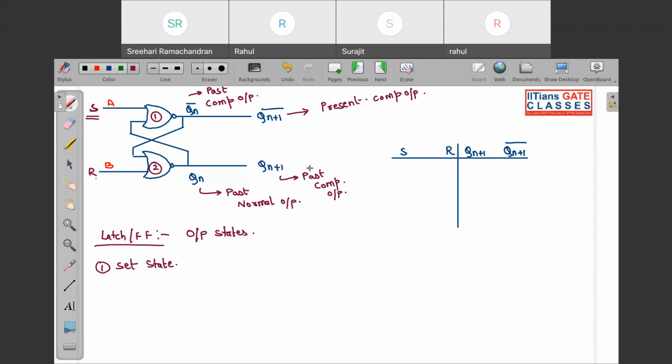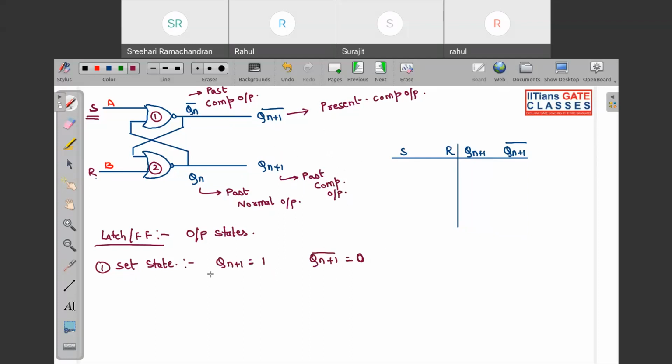Based on these outputs, we have different states of the flip flop. First is set state. In set state, Qn plus 1 is 1, and Qn plus 1 complement is equal to 0. Obviously these two are always going to be at different states, because they are complements of one another.